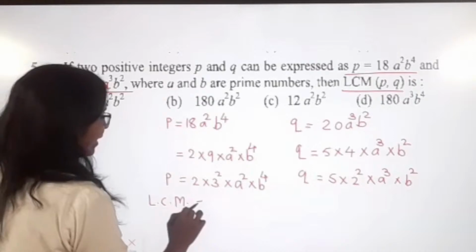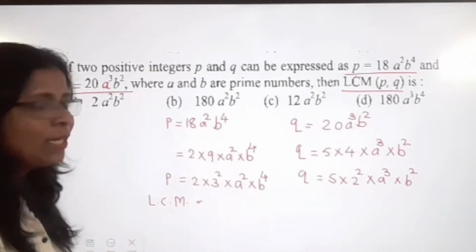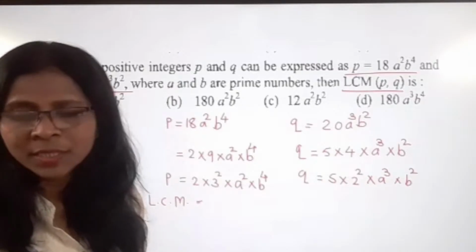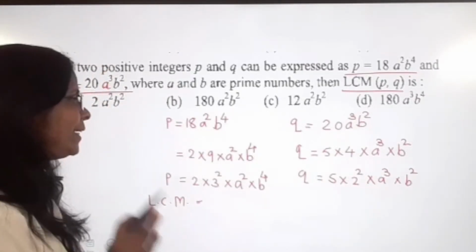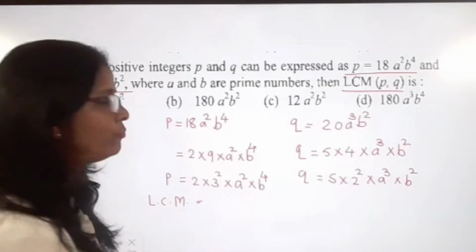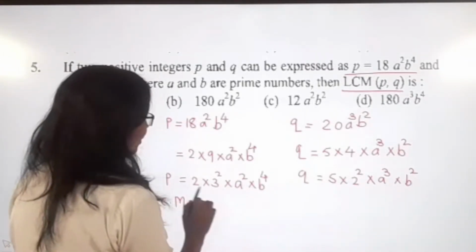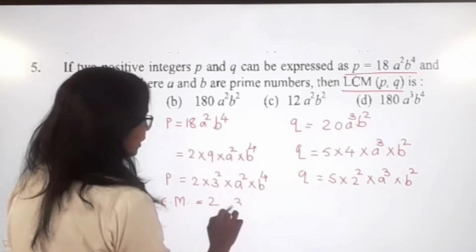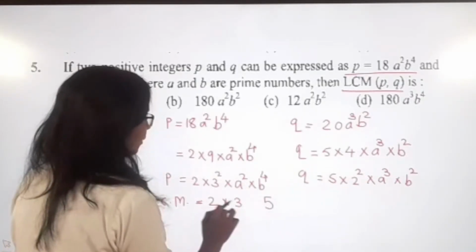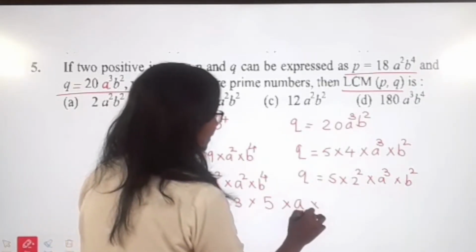So how can we find out the LCM of this P and Q? Students, we take the highest index of the given variables. So here first we write down the distinct numbers, that is 2, 3, 5, and then the variables a, b.